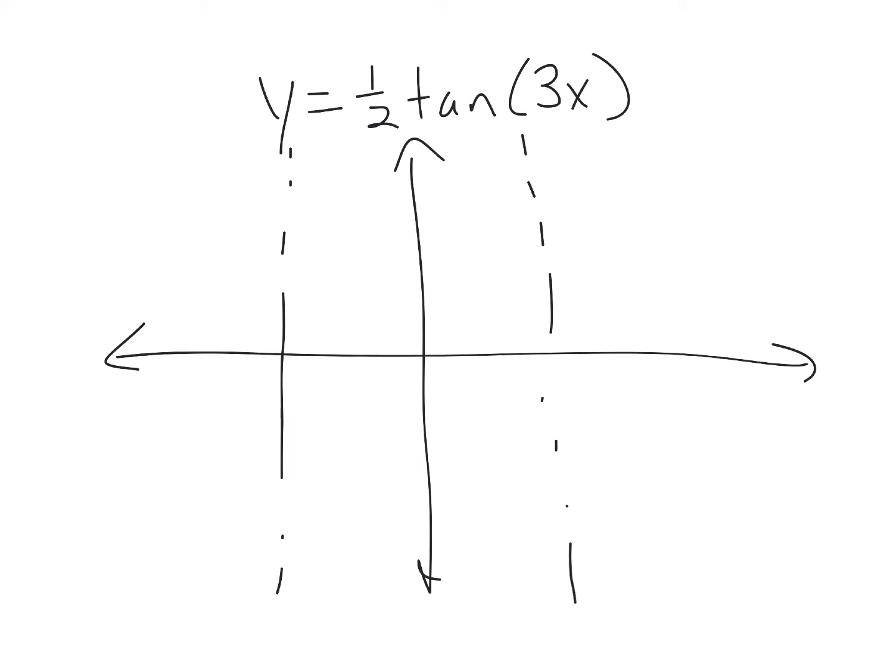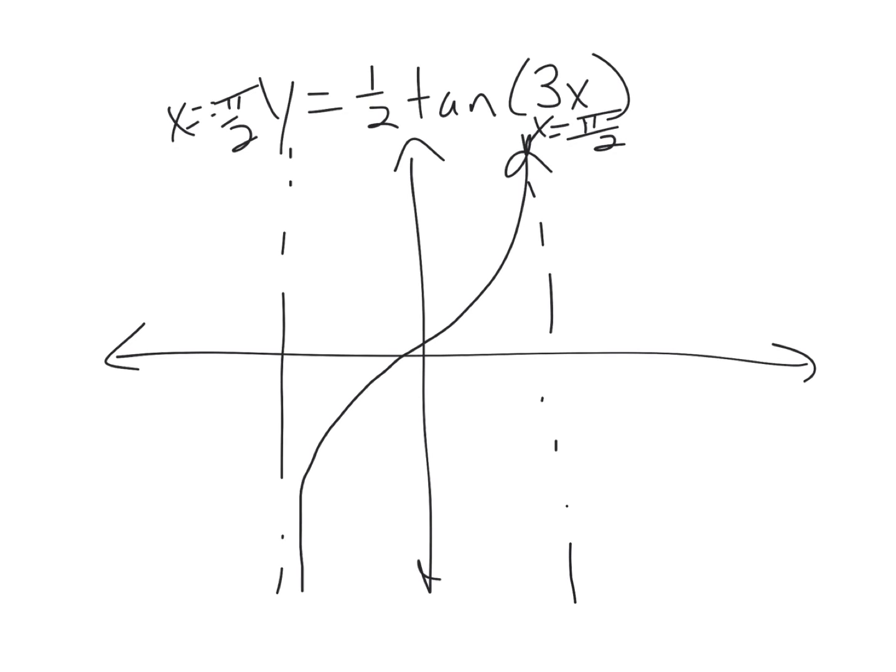That's x equal to -pi over 2 and x equal to pi over 2. And a normal original graph, which we'll do in black again, would be that, right?